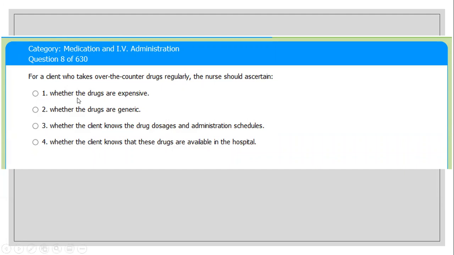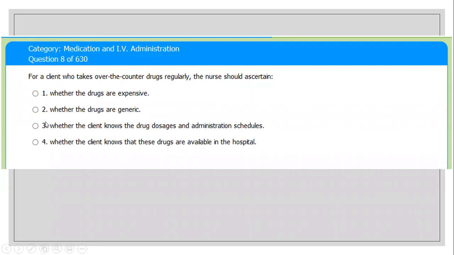Number 1, whether the drugs are expensive; number 2, whether the drugs are generic; number 3, whether the client knows the drug dose and administration schedule; number 4, whether the client knows that these drugs are available in the hospital.